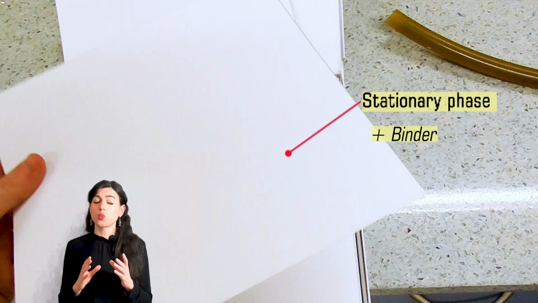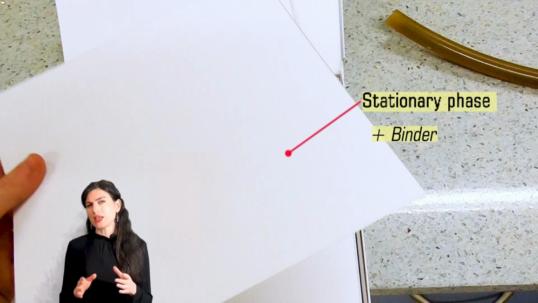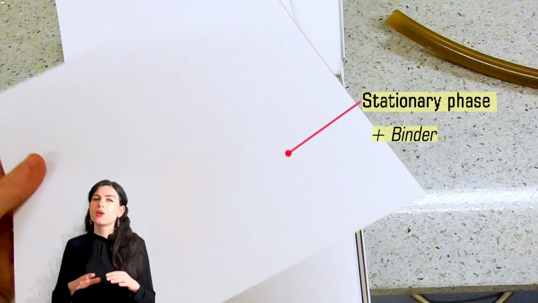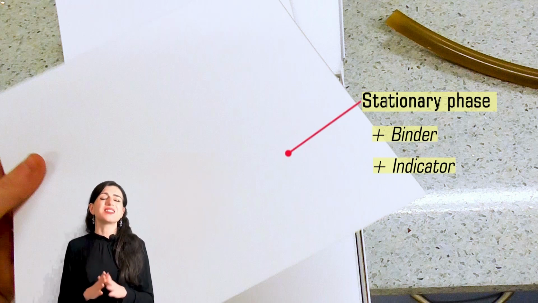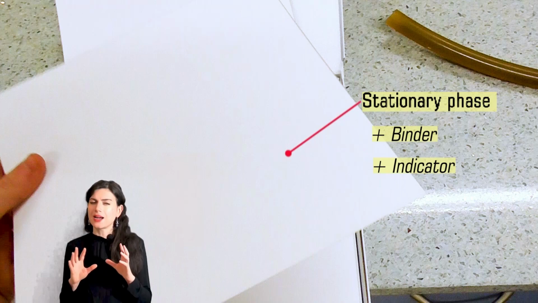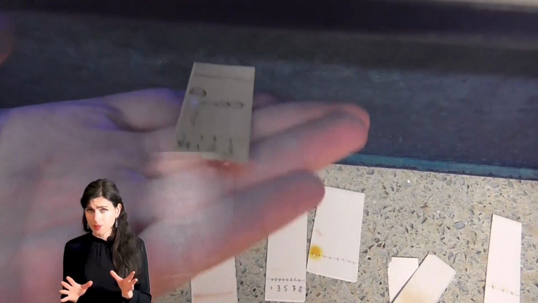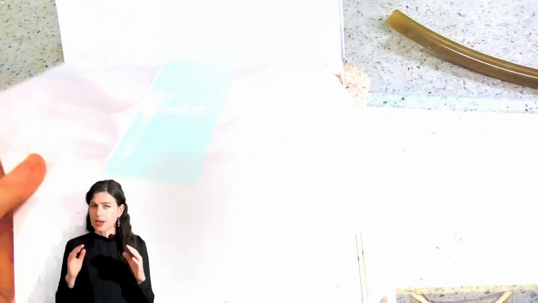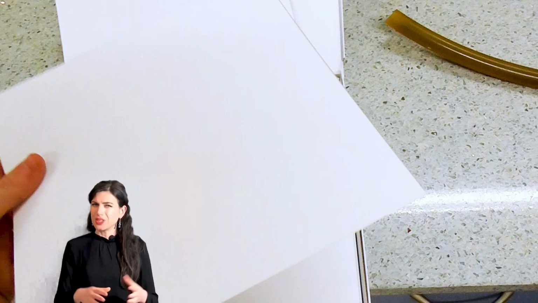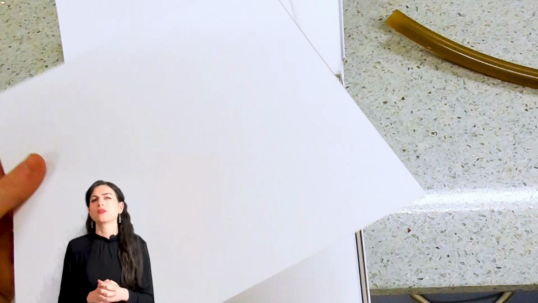Besides being mixed with a binder, the stationary phase is also mixed with a fluorescence indicator, which will be useful during TLC detection. Think of it as a kind of dye that causes the TLC to glow green when placed under a lamp at a specific wavelength. Now, the stationary phase with this other material mixed in is placed on a support.